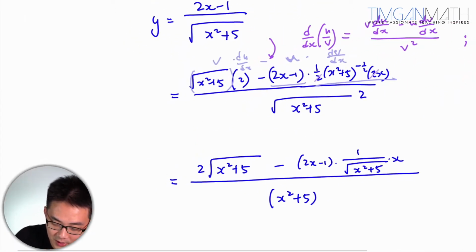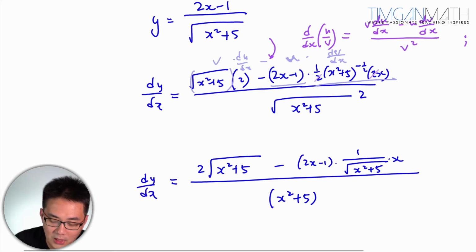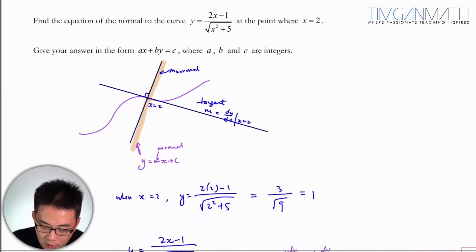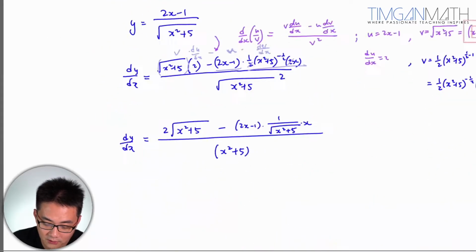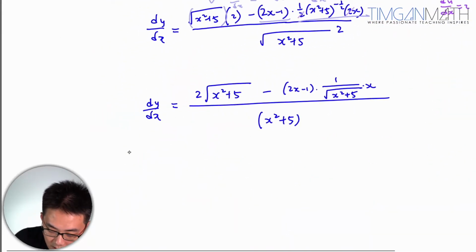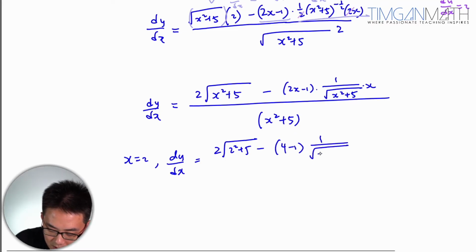But we come back. We are actually looking at dy/dx, but we don't really need to express it, because what we need now is just the gradient value. So when x equals 2, dy/dx would be 2 times 2 squared plus 5, which is 9, minus 2 squared, which is 4, minus 1 over 2 squared plus 5, which is 9, and root 9 is 3, times 2x, which is 2 over 2 squared plus 5.